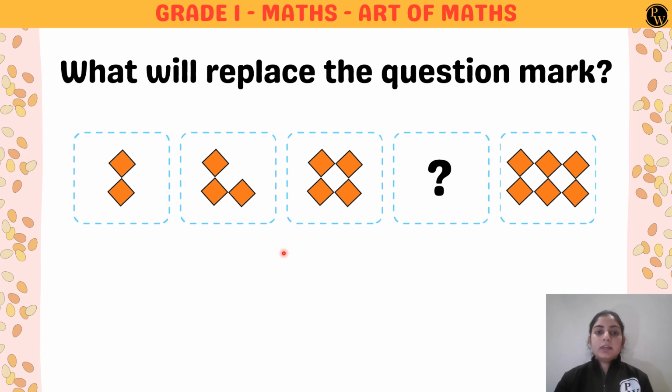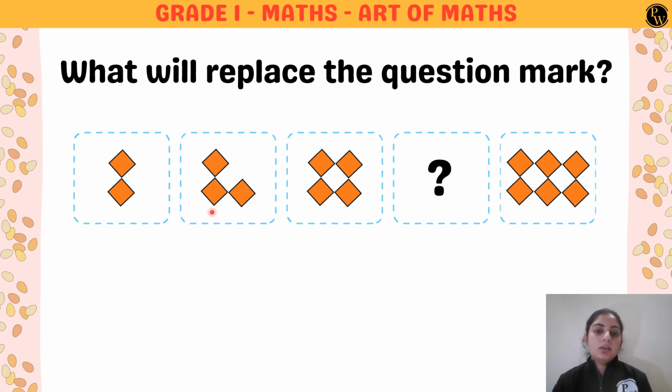Now let's see what will replace the question mark in this pattern. Can you find it out? Okay, let's do it together. Here we have two shapes in the first box, then 3, then 4, and then a question mark, and then 6 in the last box, right? So what do you observe? Correct.